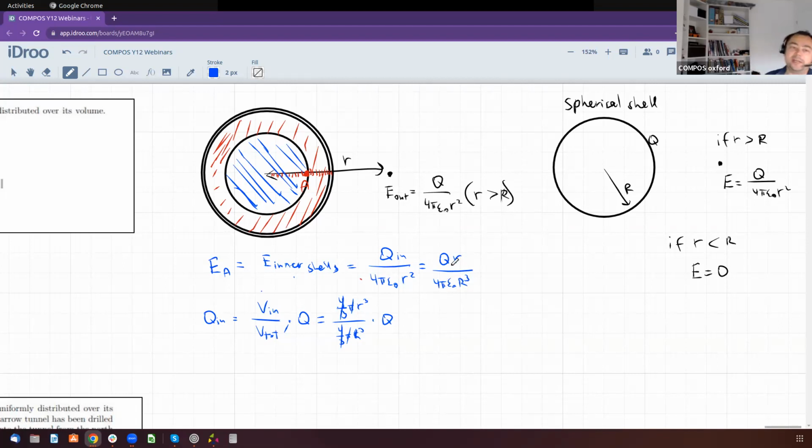Can somebody tell me the significance of this result? How would you describe the relationship in front of you? So if r is less than R, the electric field is q r divided by 4 pi epsilon naught R cubed.